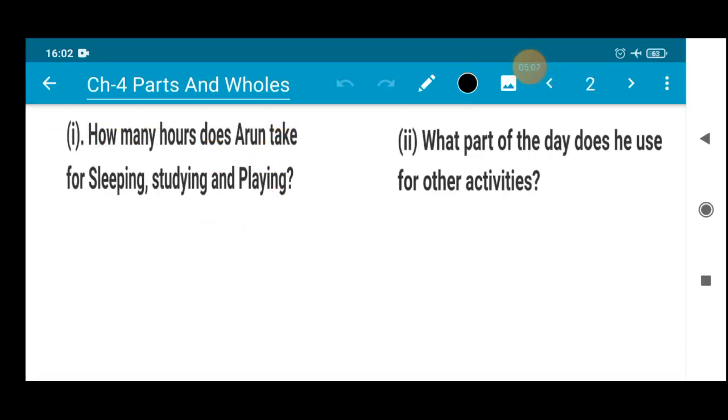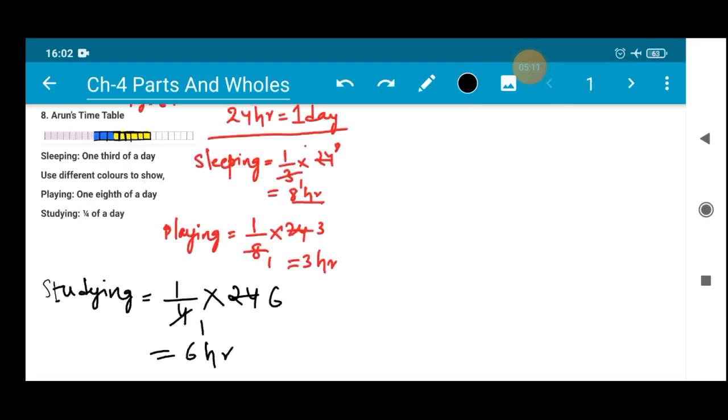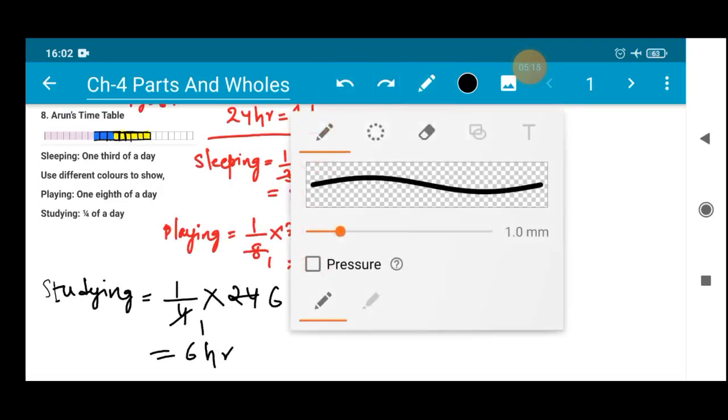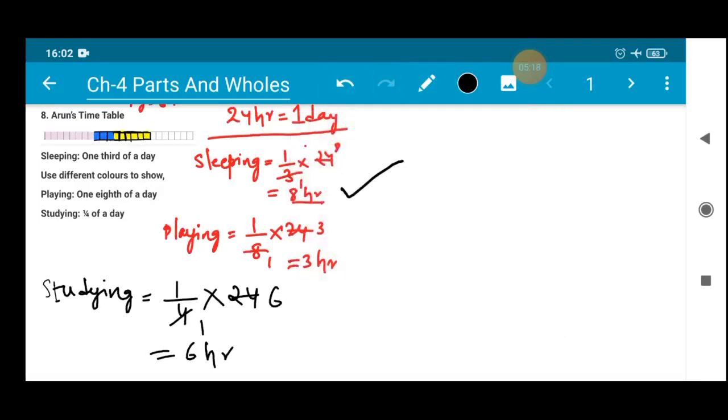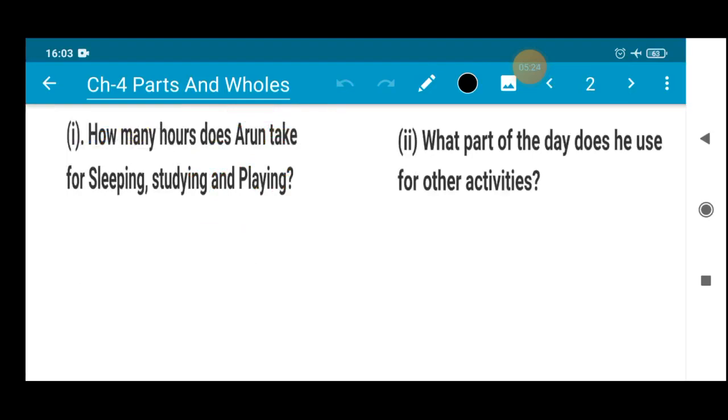How many hours does Arun take for sleeping, studying and playing? We have already calculated. For sleeping he is spending 8 hours, for playing 3 hours, and for studying 6 hours. So let us write what Arun takes, for sleeping first of all.